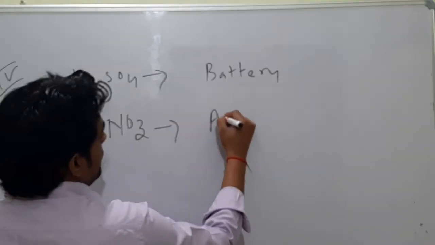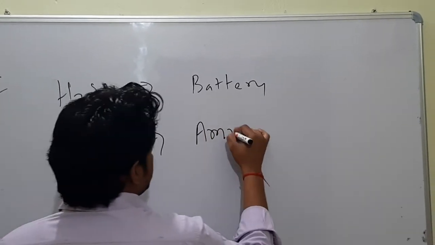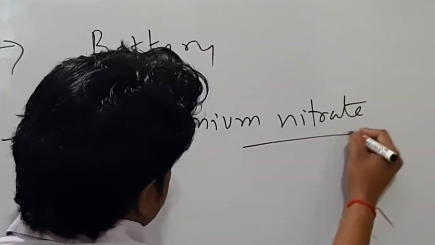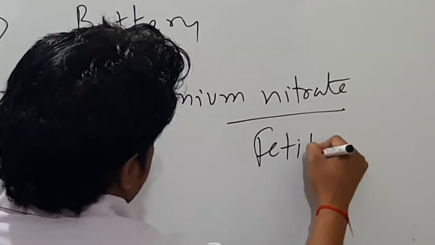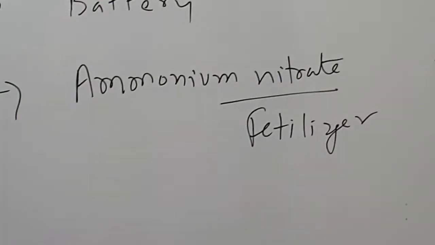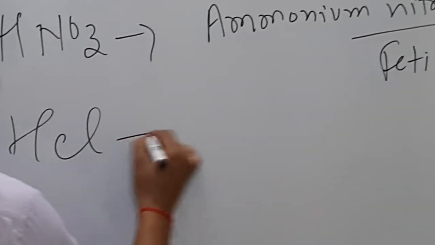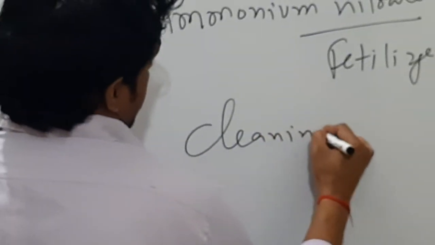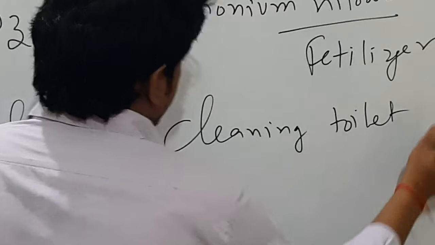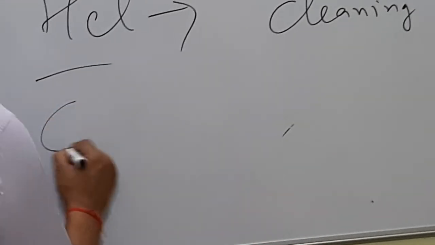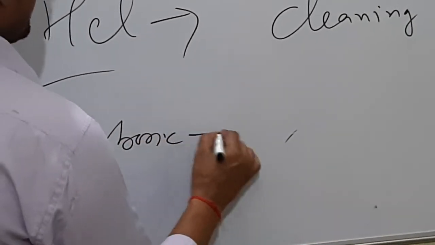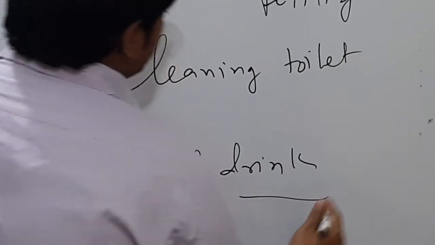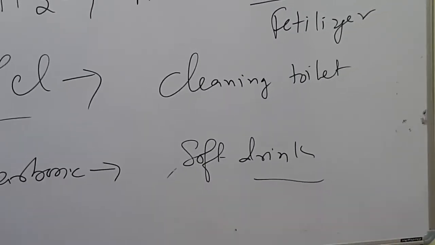It helps in making ammonium nitrate, नितरेट बनाने में मदद करता है, और ammonium nitrate is used in fertilizer. Second one, that is HCl, is used for cleaning toilets. Now third one is carbonic acid, जो आप लोग बार बार पूछ रहे हैं, and it is used in soft drinks.